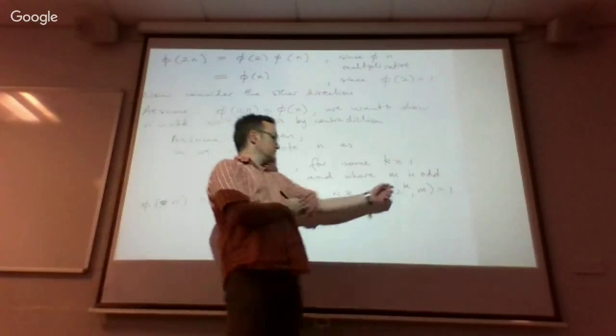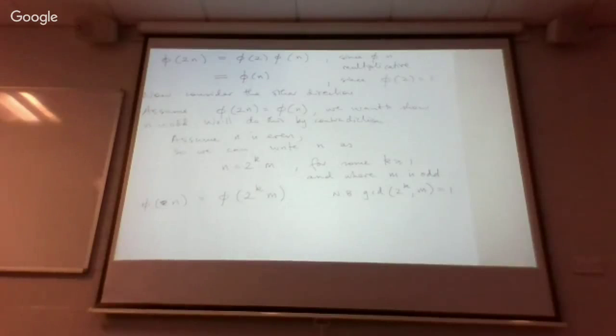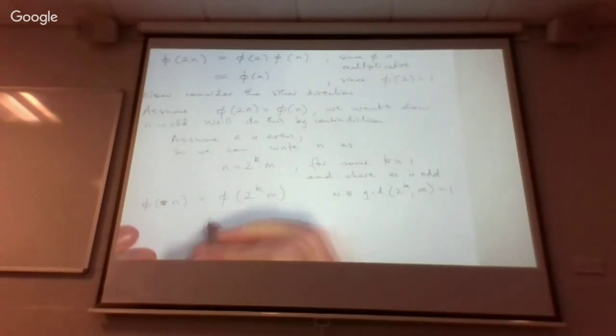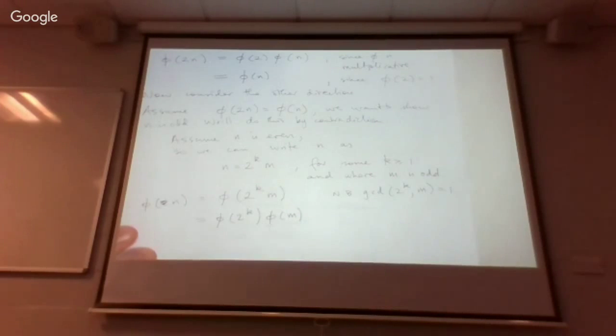The only divisors of 2 to the power k are other smaller powers of 2. So 2 to the k and m are co-prime, so we can use the multiplicative nature of phi here.